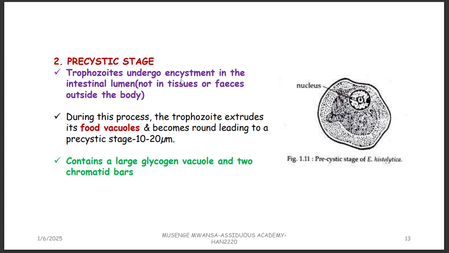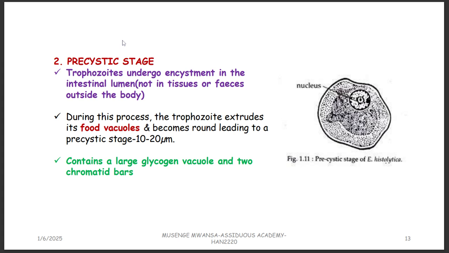So once we have this trophozoite, it has to change into the cyst. The trophozoite is going to extrude what is known as the food vacuole. Please take note, this is a food vacuole, because in multiple choice questions they might put another vacuole there.